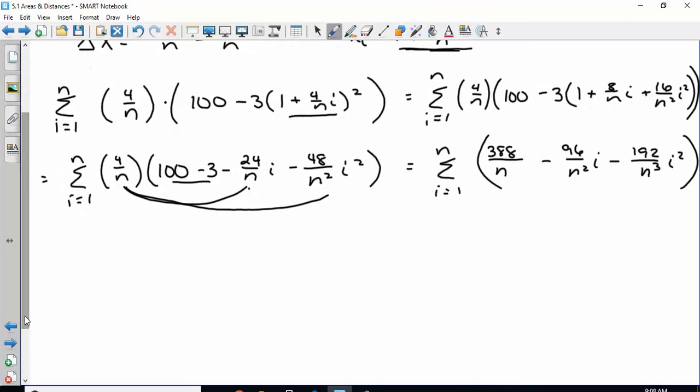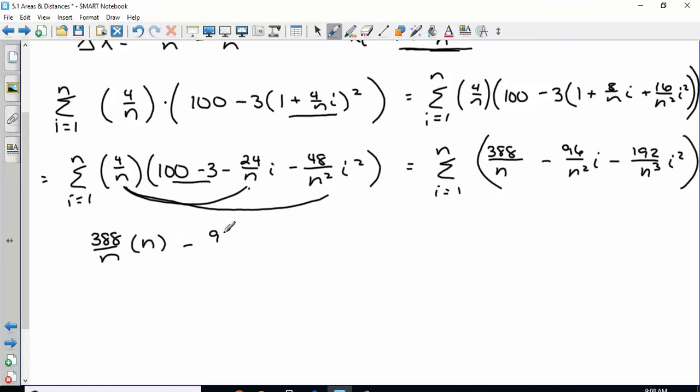So now we can add this thing up. This first term doesn't have an i in it, so it's like a constant. What was the rule for when you add up a constant? You multiply it by the number of times you're adding it, which is n. So this is 388 over n times n, because you add it up every time.